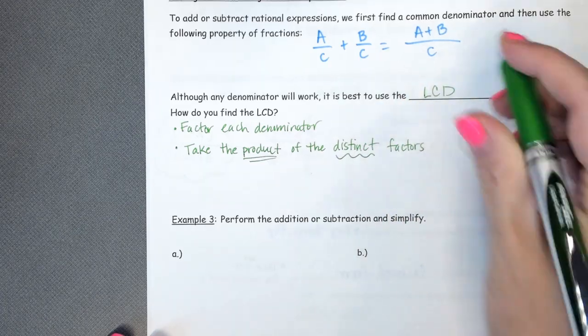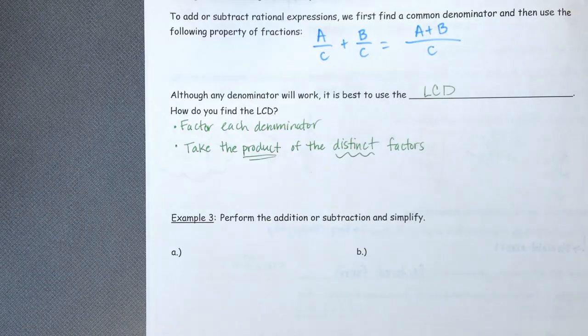And distinct just means that they're unique. They're not the same. So after you factor, you're going to take the product of those distinct factors.